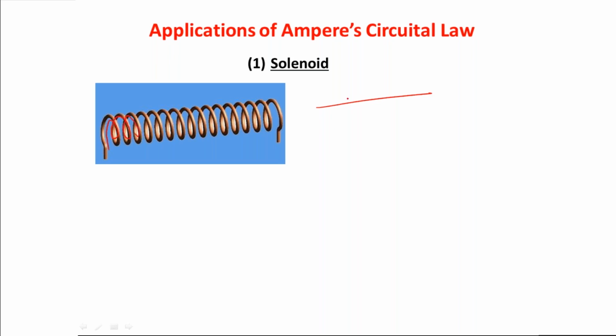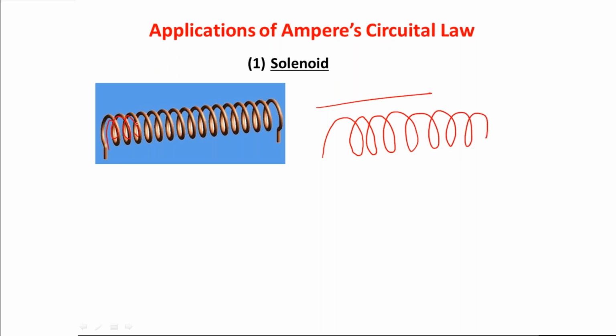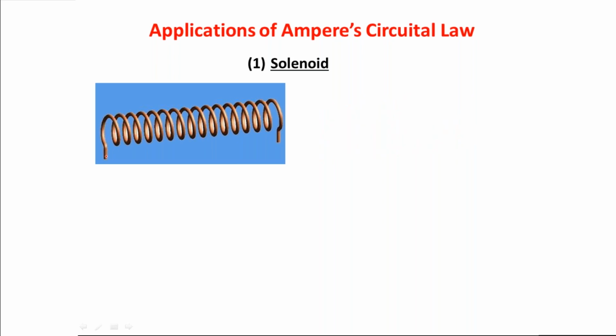The windings have to be in the same direction. Generally copper wire is taken, and this wire is insulated wire, so if the turns touch each other, they will not make a short circuit. These are called insulated copper wire.